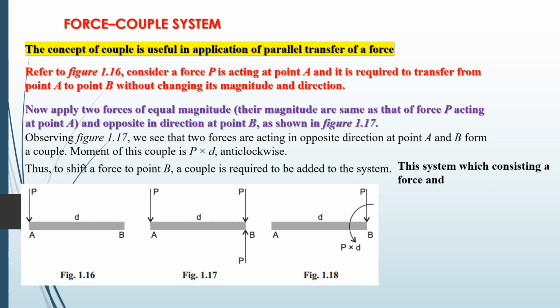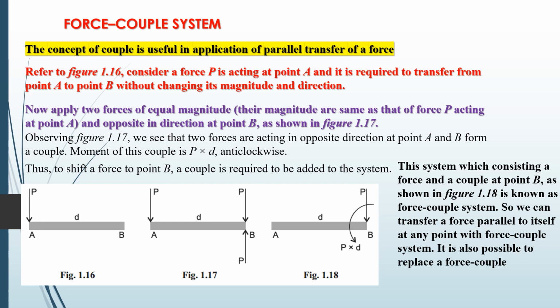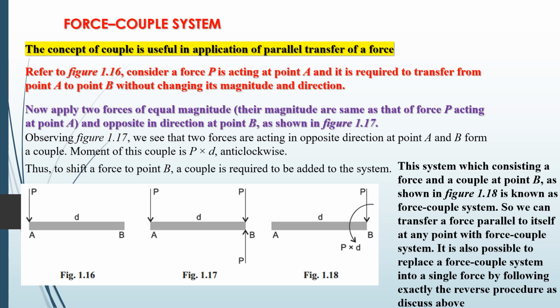This system, consisting of a force and a couple at point B, is known as a force couple system. So we can transfer a force parallel to itself to any other point with the force couple system. It is also possible to replace the force couple system with a single force by following exactly the reverse procedure as we discussed above.